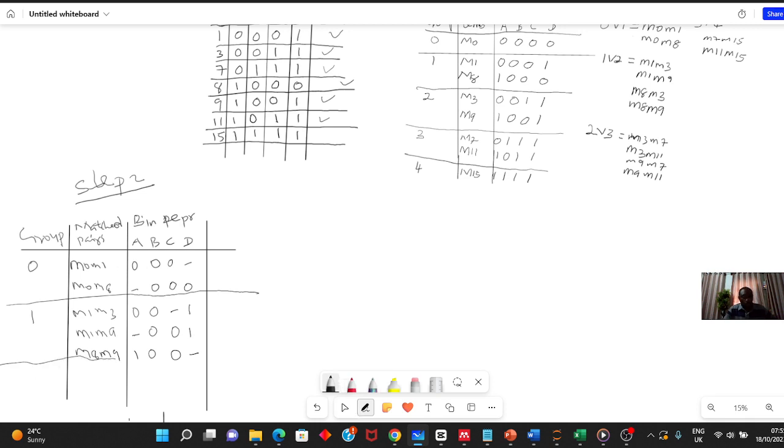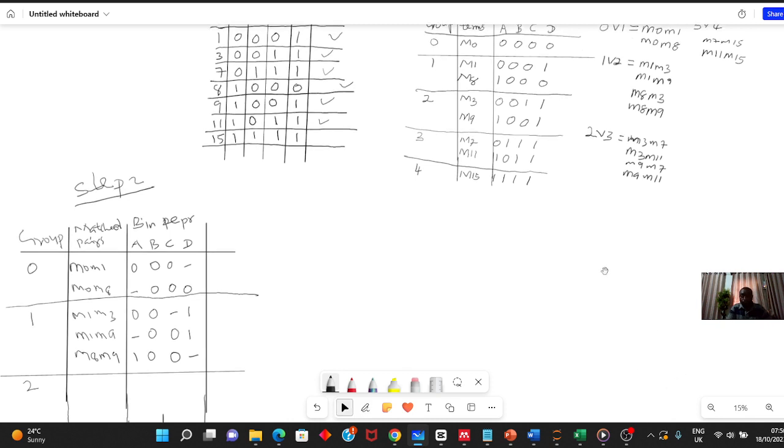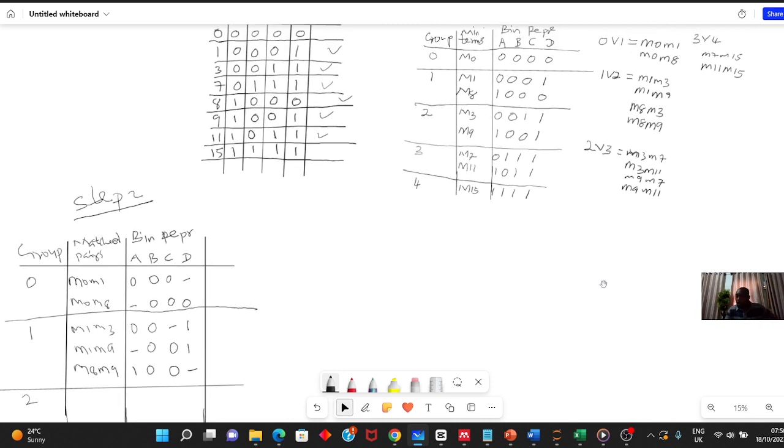Next group of twos. So group of twos, where we have M3, M7.